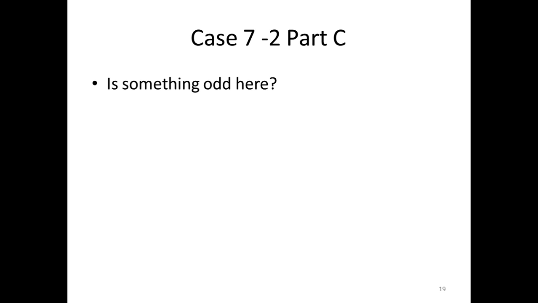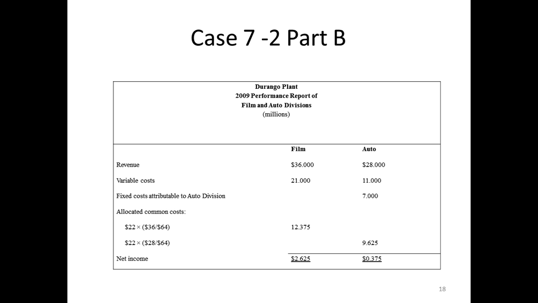So let's go back and take a more careful look at this report, specifically looking at what's happening to the allocated common costs. And in this case, the allocated common costs are being picked up by or split between auto and film.